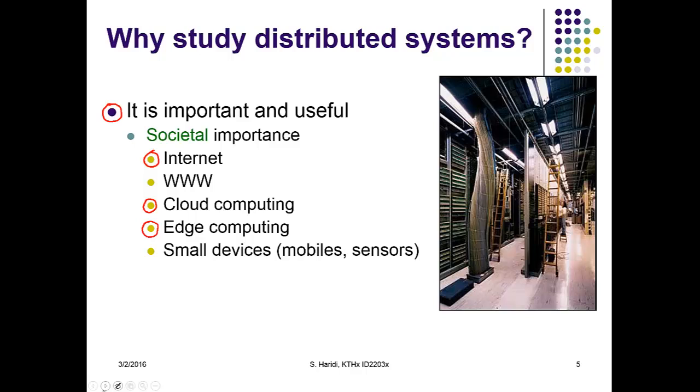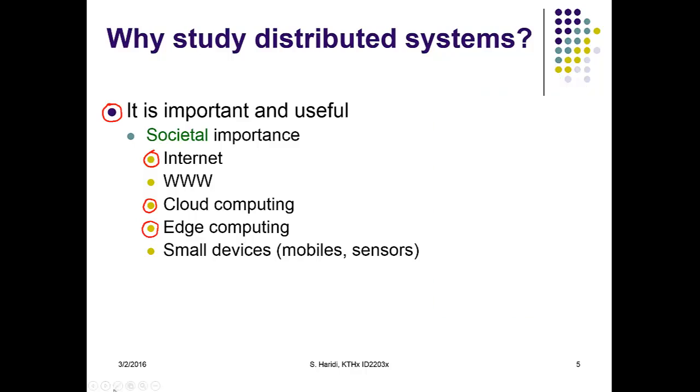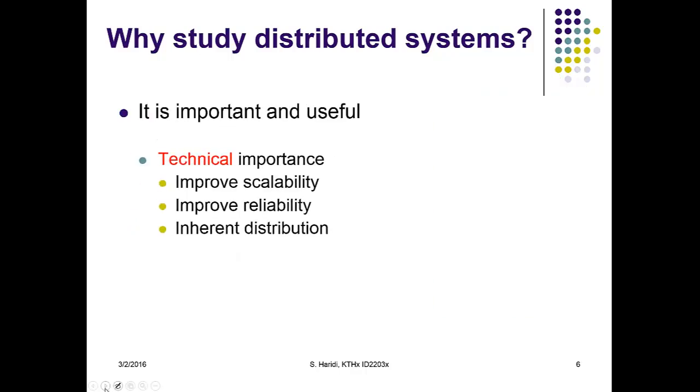There is another reason to study distributed systems, and that is because there are also technical issues that we study distributed systems for. For example, scalability. Scalability is the use of a network of servers to serve multiple users. Imagine a service that is serving requests from hundreds of thousands of users or even millions.